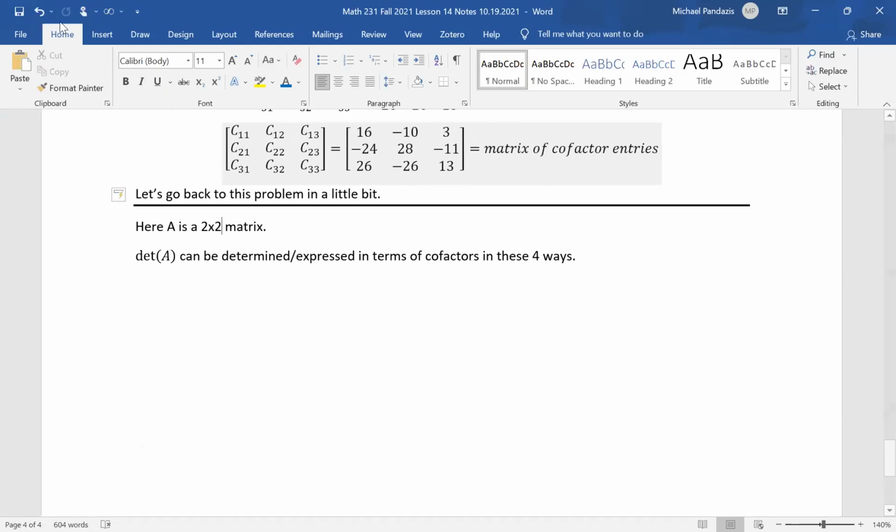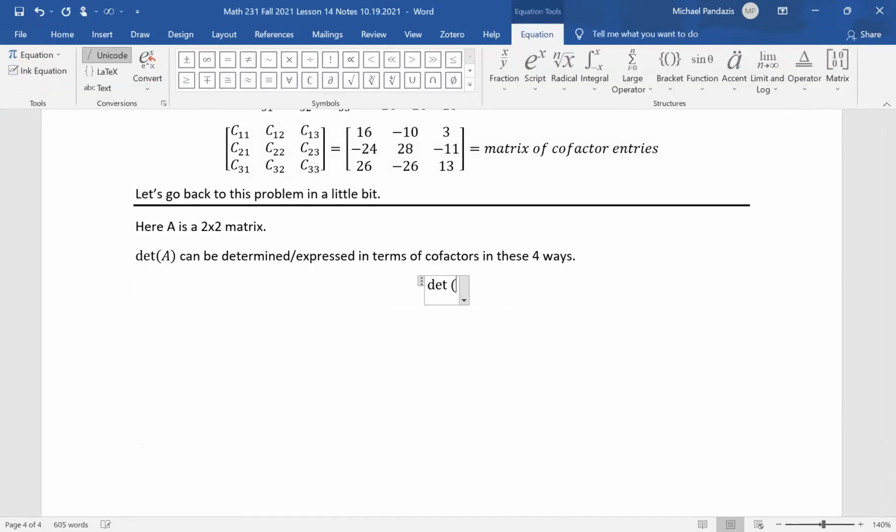So the determinant of a 2x2 matrix can be determined or expressed in terms of cofactors in these 4 ways. If you have the determinant of a matrix capital A, well, that's first equal to, just using some other notation, right? We're finding the determinant of this matrix here.